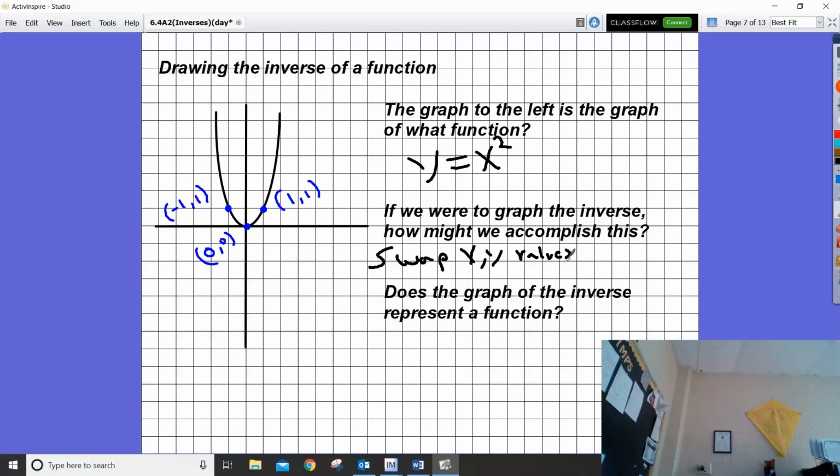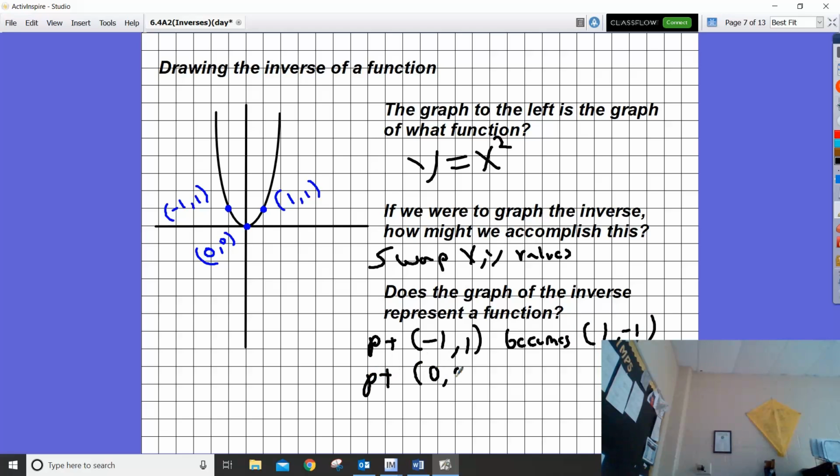Before I actually do anything, let's go ahead and do this, because it's kind of a learning thing. We're going to swap the x and y values. This point, -1, 1, becomes what? 1, negative 1.